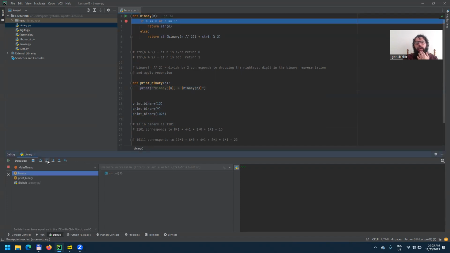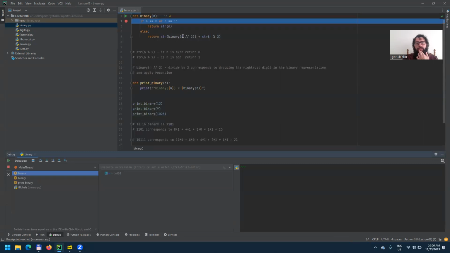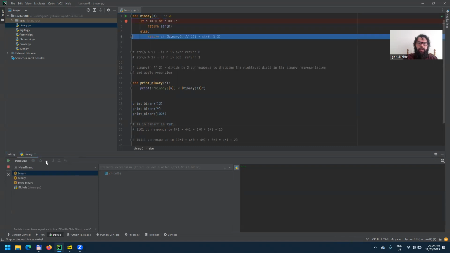Okay, so is n 0 or 1? No. n divided by 2 will correspond to 6. So 6 in binary is only the 110. It's only these 3 digits. Right? So n is 6. When we divide by 2 again, what are we getting? We're getting 3. 3 corresponds to only these 2 digits.